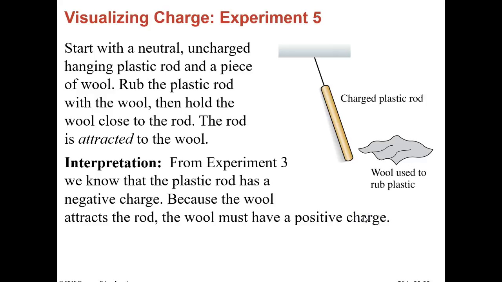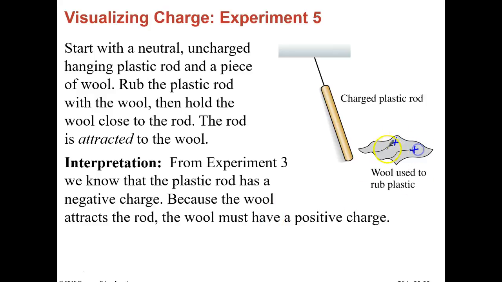If I look at the next one, here we're going to have experiment number 5. I've got a neutral uncharged hanging rod, and I have an uncharged piece of wool, and I'm going to rub the wool on that rod. And when I do that, I notice that they attract each other. Because that wool attracts the rod, the wool must have some sort of excess positive charge.